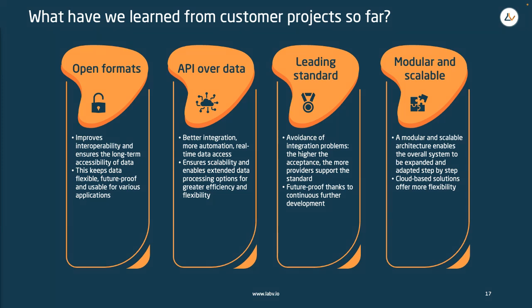And a scalable architecture is basically a support for growth, more equipment, more technology, and new technology advancements, such as, for example, artificial intelligence. Other than that, of course, here in the background, we think about the increasing role of cloud solutions that offer even more flexibility. And for cloud applications, you need APIs and you need scalability and also modularity.